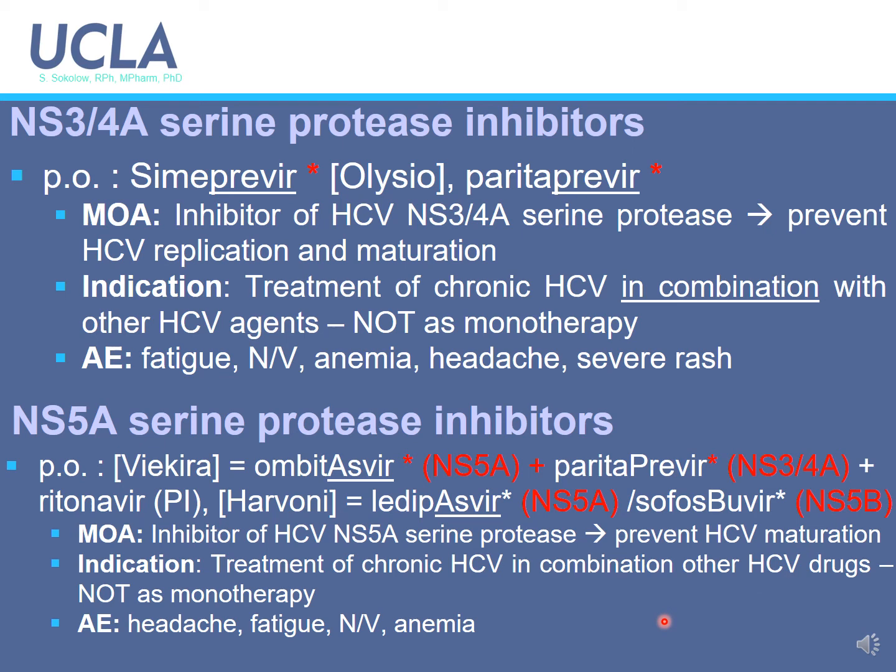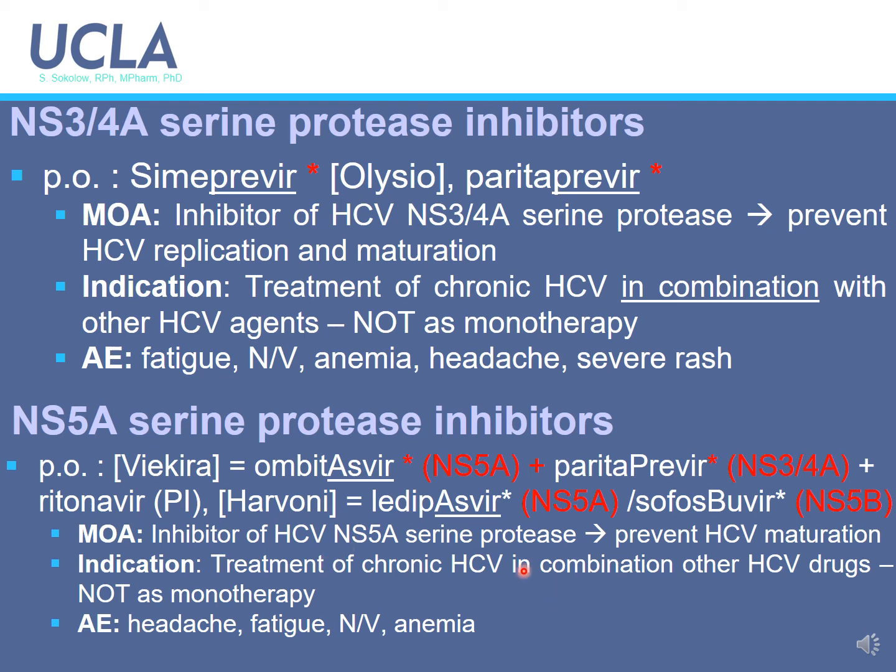So you see those drugs are used in combination with others to be effective, and so this one is Harvoni, ledipasvir with sofosbuvir. It's another combo that is used for the treatment of Hep C. And those NS5A serine protease inhibitors inhibit this particular protease and also prevent virus maturation.